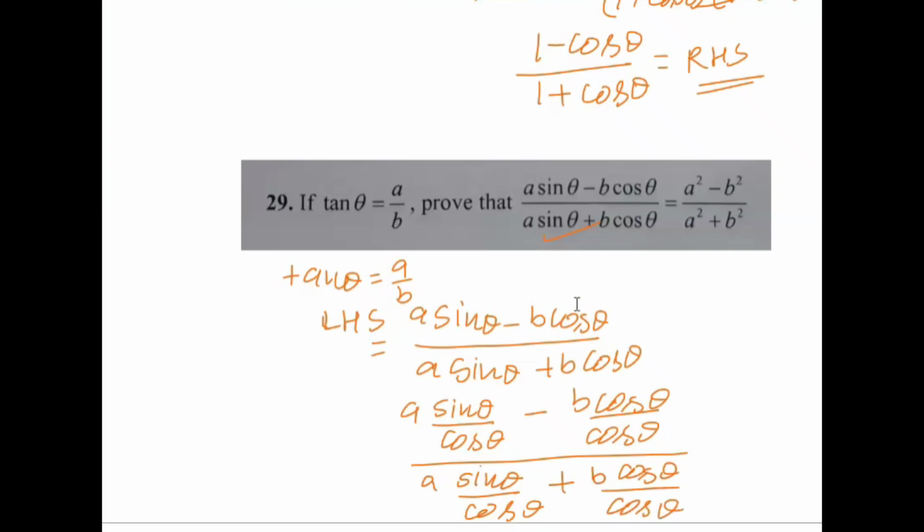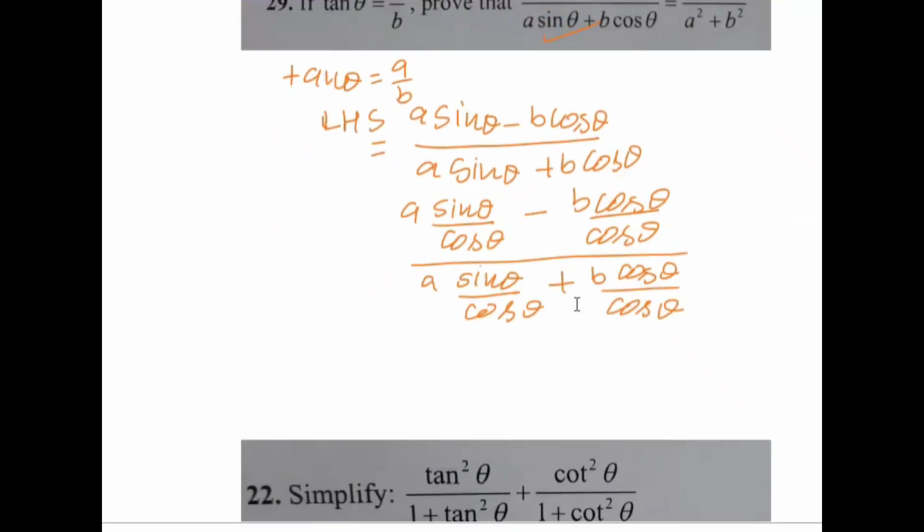So it will become something like (a tan theta minus b) upon (a tan theta plus b), and we will put the value of tan theta which is equal to a upon b here.